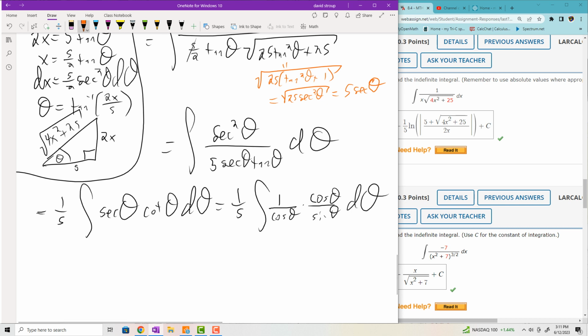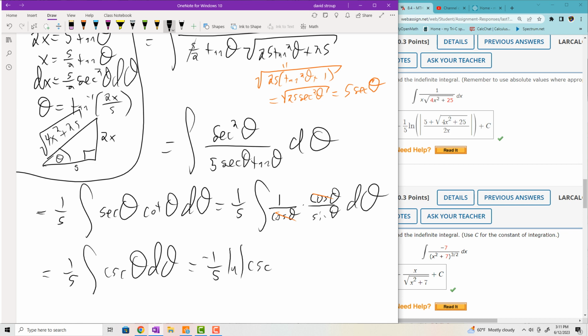So the cosines are gone. Goodbye, goodbye, and we're just dealing with 1/5 integral of 1 over sine, which is cosecant theta d theta, and then of course that will be 1/5 negative ln absolute value cosecant theta plus cotan theta plus c.